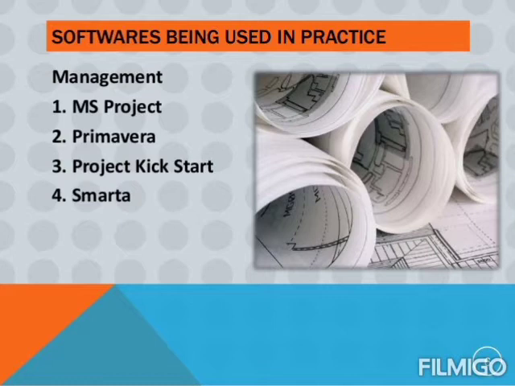It keeps the record for the project management system and also keeps the analysis of what are the risks taken. Project Kickstart is basically a management software where the basic orientation of the process of starting a project is given. Smarta. It is also an important software where the automated testing apparatus used in civil engineering are found.